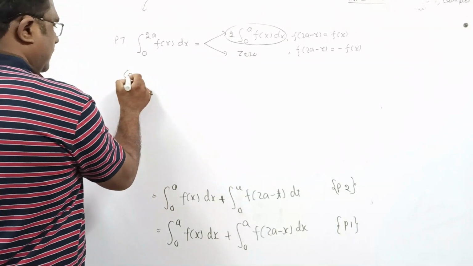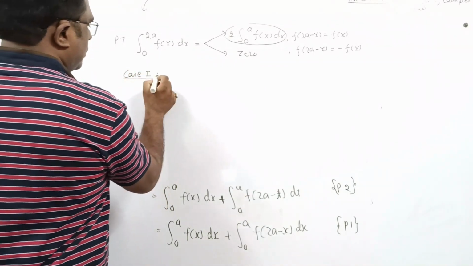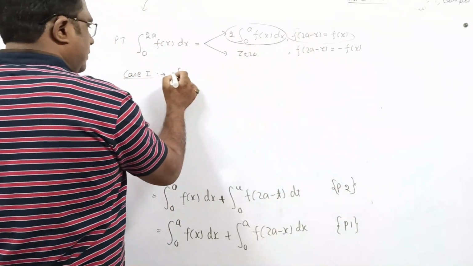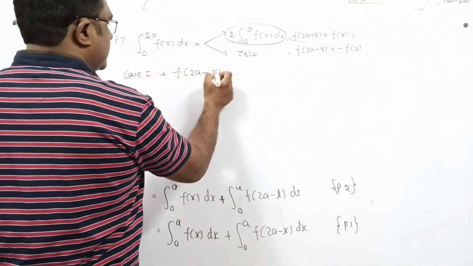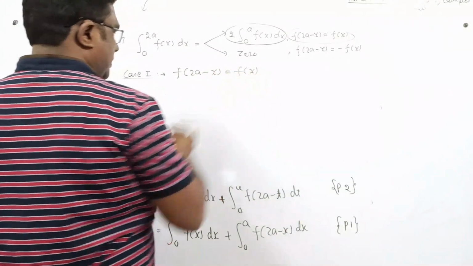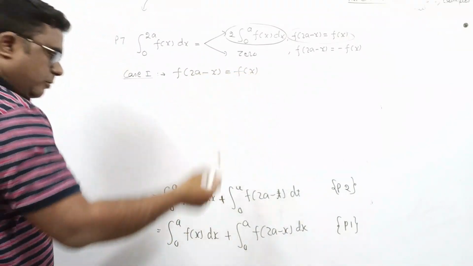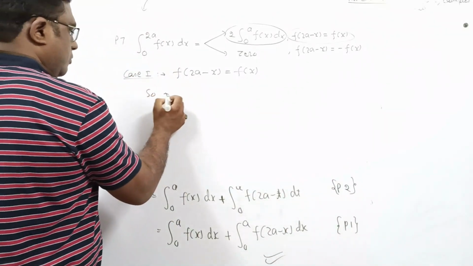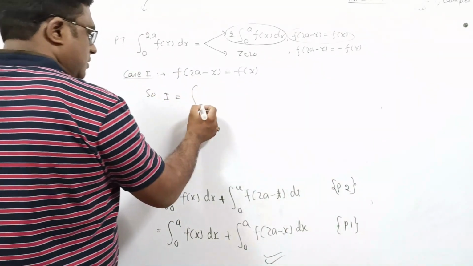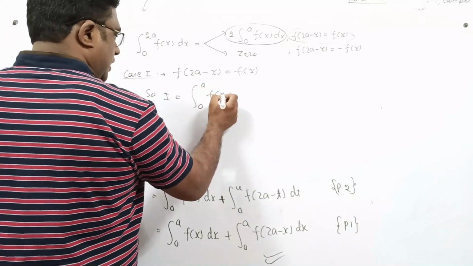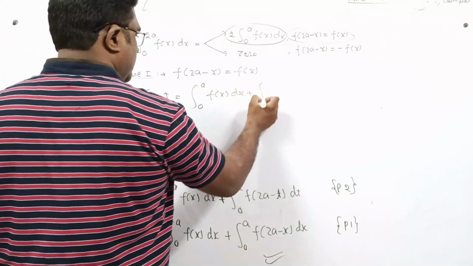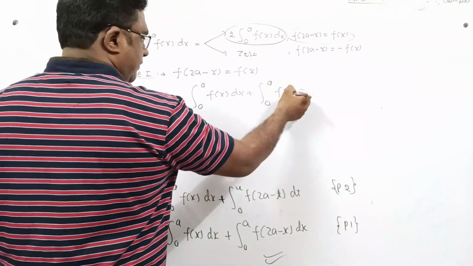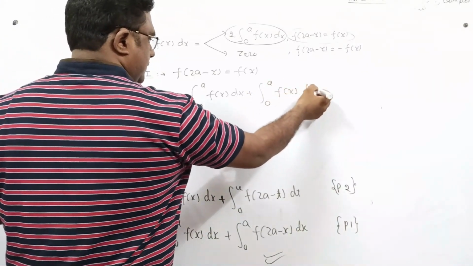Case first. In case first, what condition is given to us? The condition is f(2a - x) is equal to f(x). So put this value in this step here. So I is equal to integral 0 to a f(x) dx plus integral 0 to a f(x) dx.